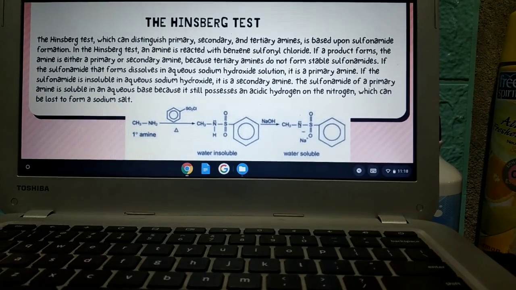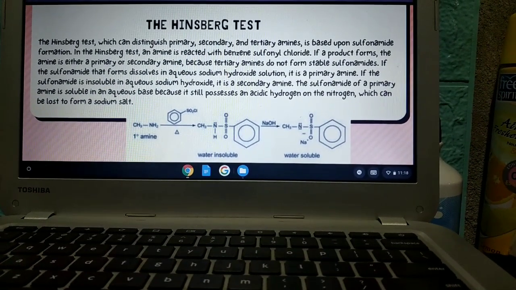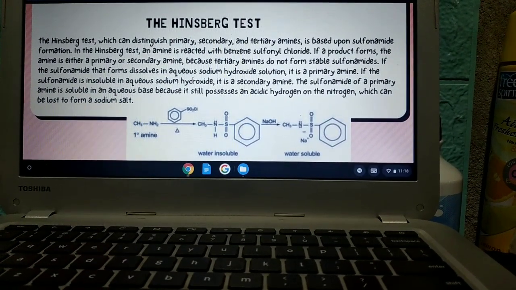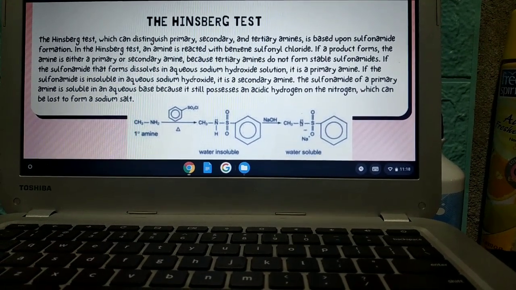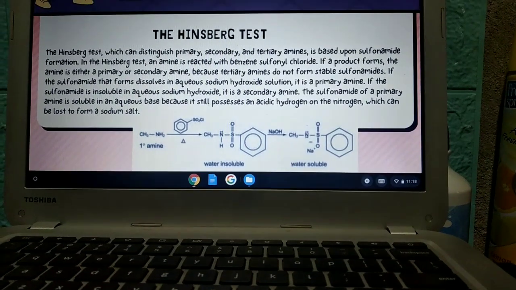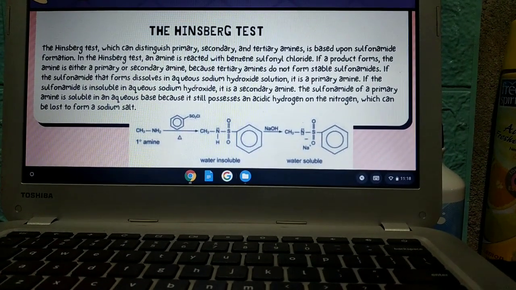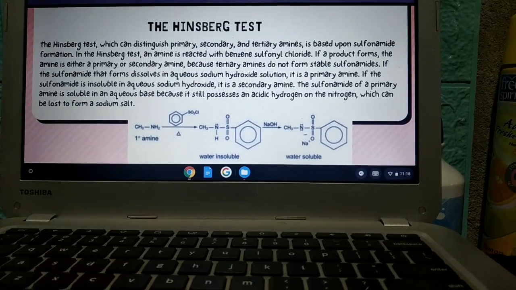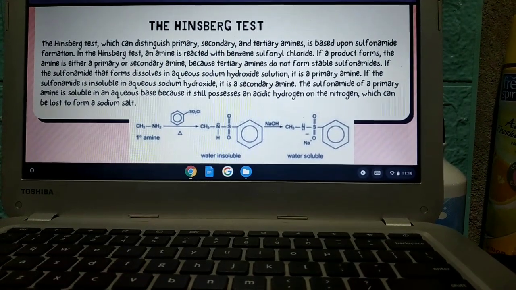If a product forms, the amine is either a primary or secondary amine, because tertiary amines do not form stable sulfonamides. If the sulfonamide that forms dissolves in aqueous sodium hydroxide solution, it is a primary amine.